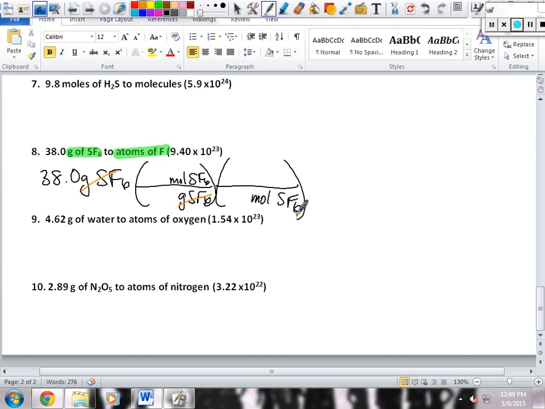Alright, so I have moles of SF6. Now, what is the only way to connect SF6 to F? Molecules. If you know a molecule, do you know the atom ratio to it? Yes. So I got to get to molecules first. So I'm going to go to molecules of SF6. Now, I don't know where I'm going, but if I want to cancel it off, I got to get it down here.